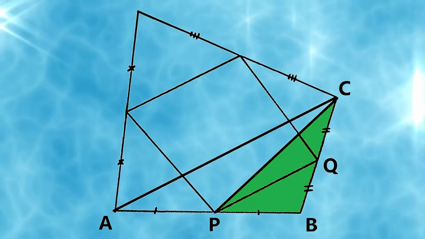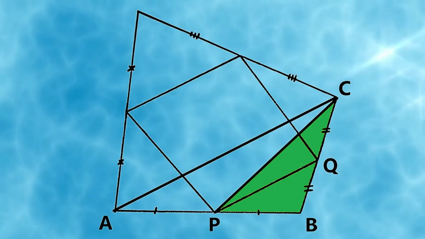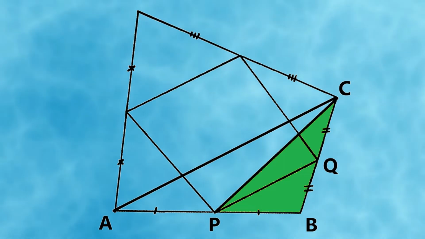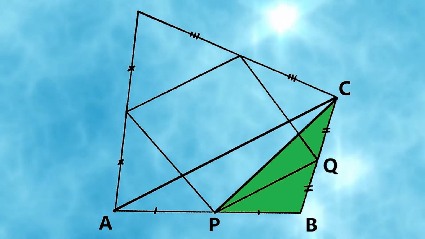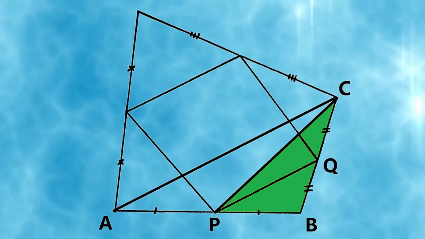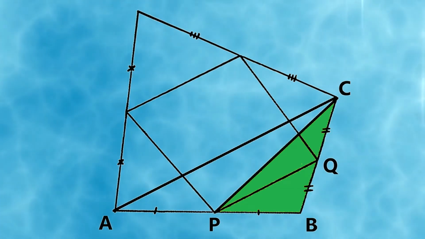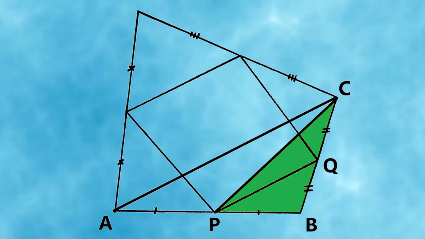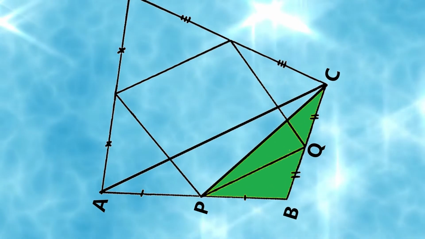Alright, now C is at the top, and now you can see the green colored part is half of the triangle ACB, because a median divides a triangle into two halves which are equal in area. Now we are going to further rotate the same figure.